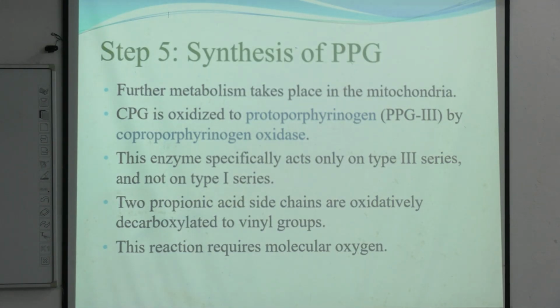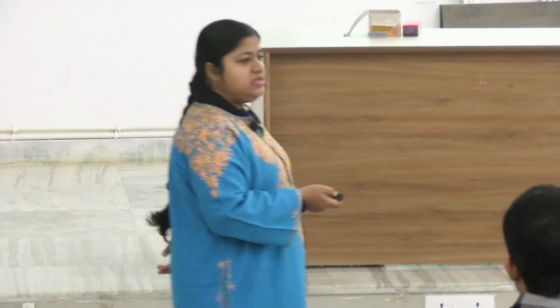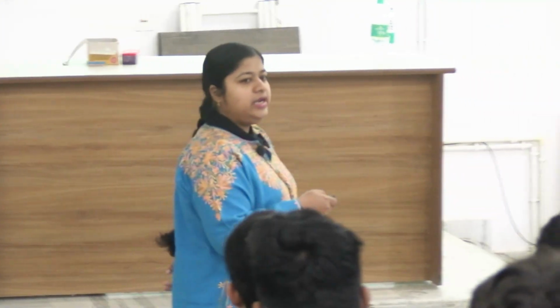CpG3 goes back to mitochondria, and here it is oxidized to protoporphyrinogen 3 by the enzyme CpG oxidase.